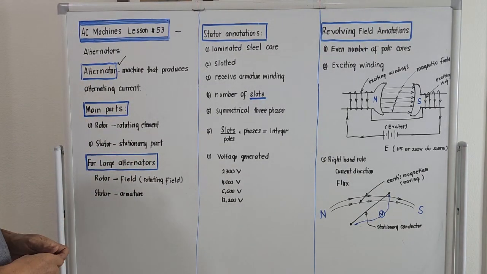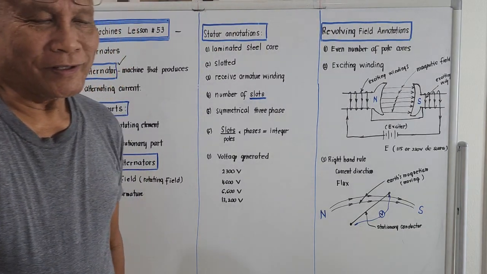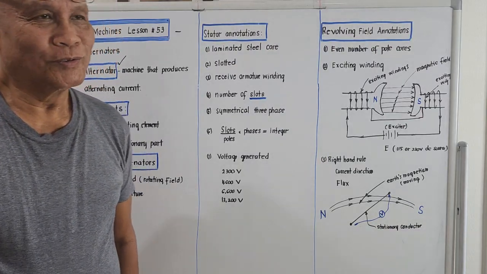What are the main parts of an alternator? There are only actually, in summary, two.